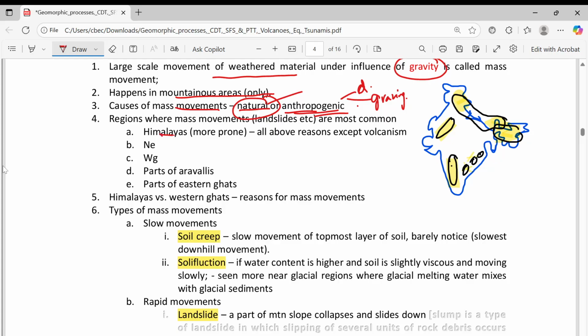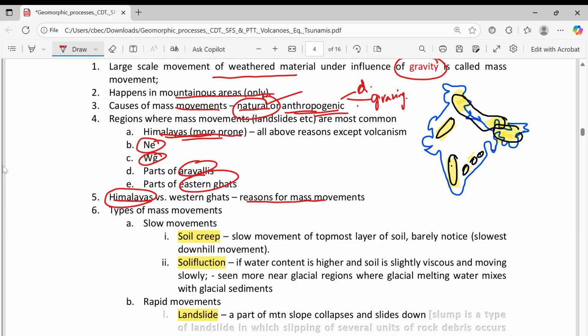So where are mass movements going to happen? Himalayas, because there is more slope plus there is rainfall also. Then the northeast region, Western Ghats, then some parts of Aravalli and some parts of Eastern Ghats. For the Himalayas, one extra reason is there. There is tectonic activity.